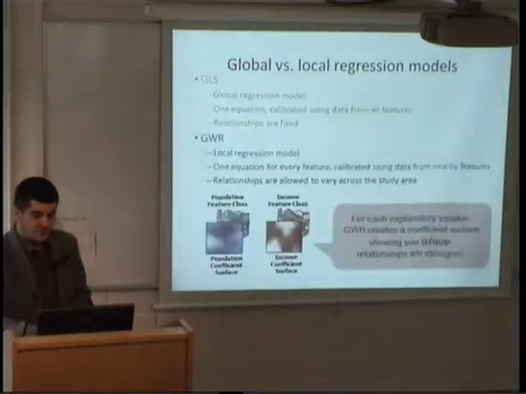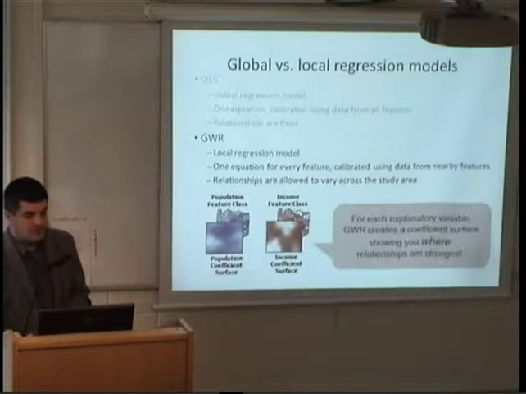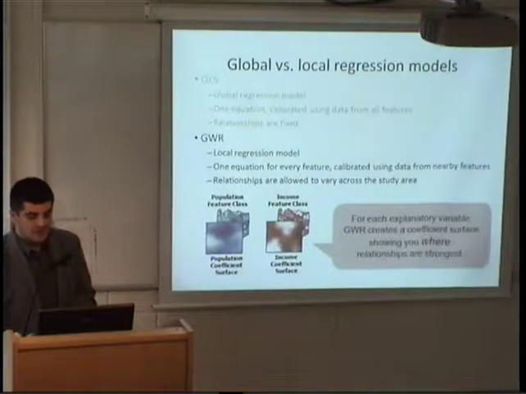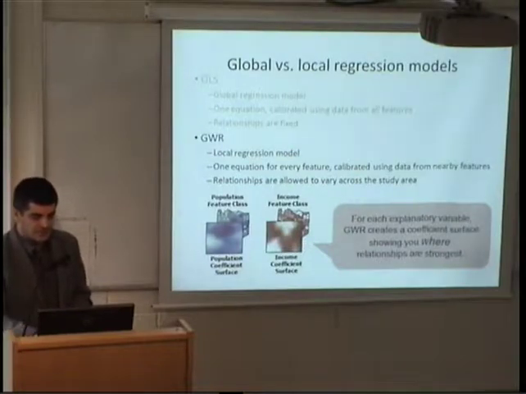Relationships are fixed. But for geographically weighted regression, we have a local regression model. It composes one equation for every feature, calibrated using data from nearby features. Relationships are allowed to vary across the study area. You will understand this in the later slides where I bring the example.